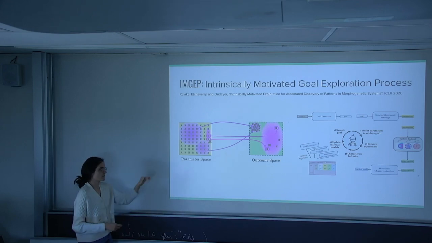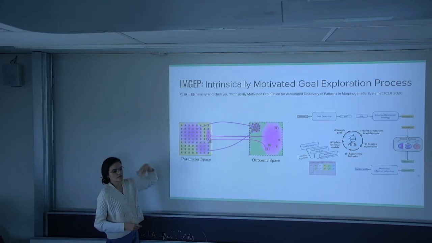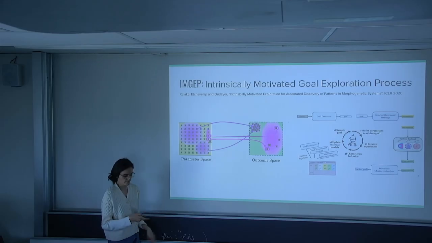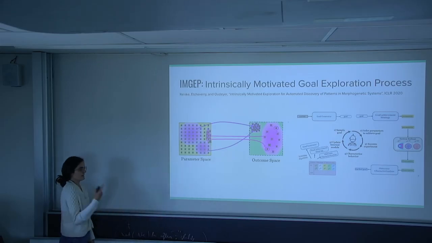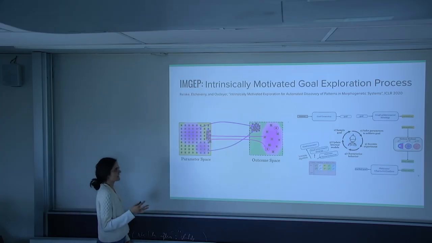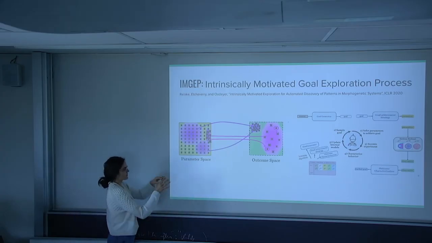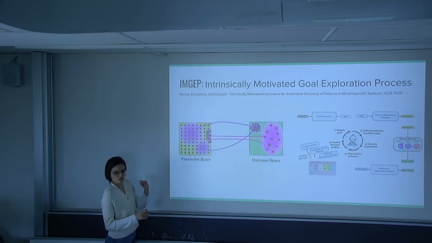So next time I will be able to sample a goal a bit further, and I will also be able to achieve that goal faster. And by repeating these goal-directed steps, usually you're quite efficient at covering the reachable behavior space, or at least much more efficient than if you would just do grid search or random search in the parameter space.